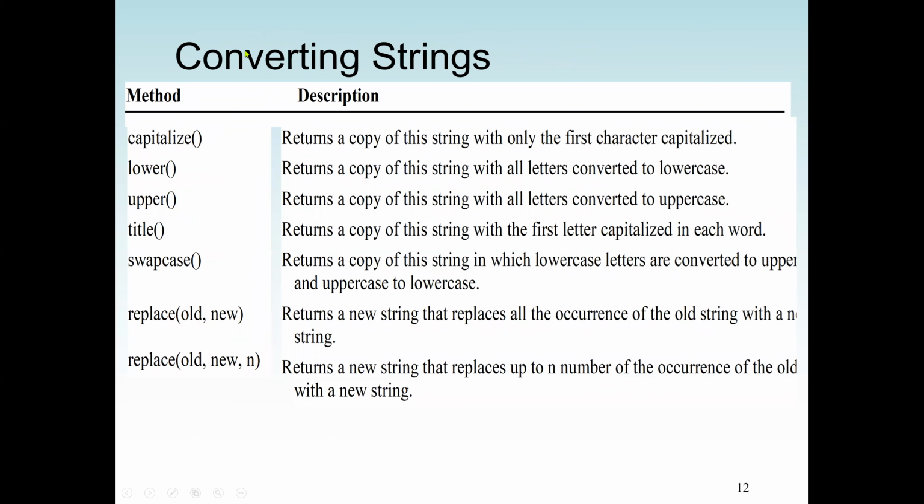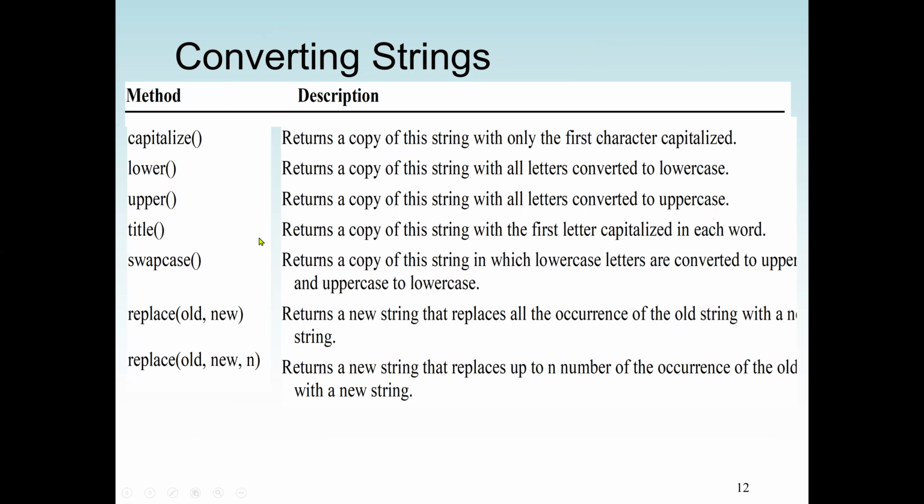We can also convert strings. We have built-in functions or methods inside the string class. An example can be capitalize. Capitalize means we are going to return a copy of the string with only the first character capitalized. So if the C in Charles is lowercase and I use capitalize, it will only convert the first letter to uppercase.